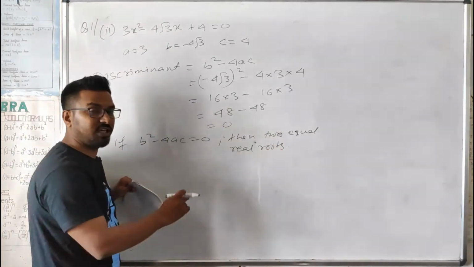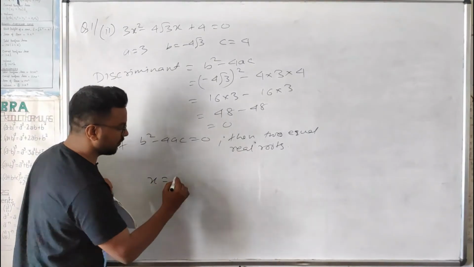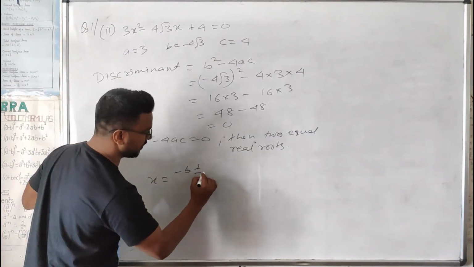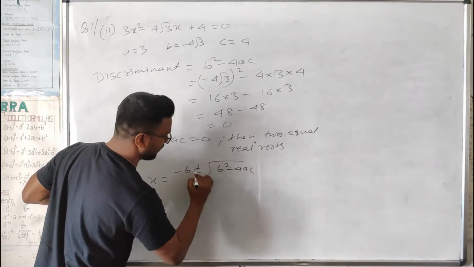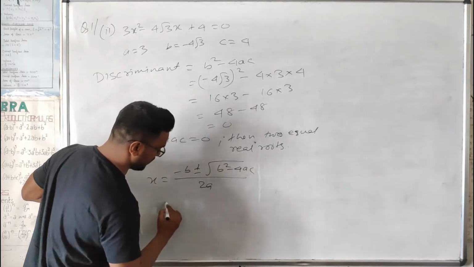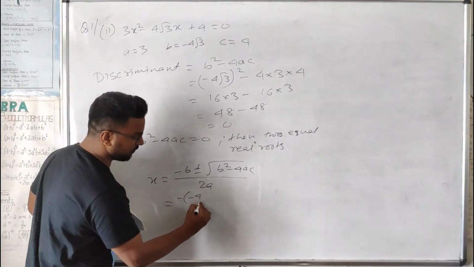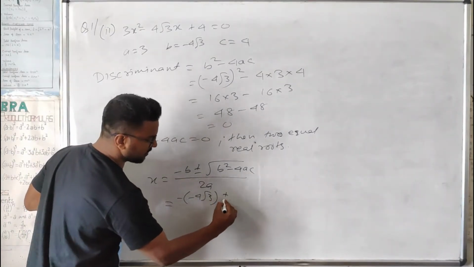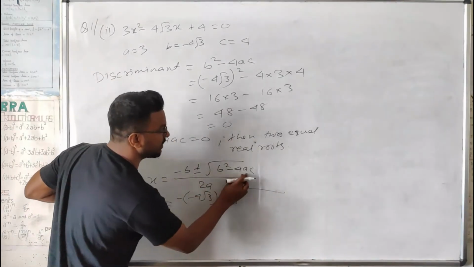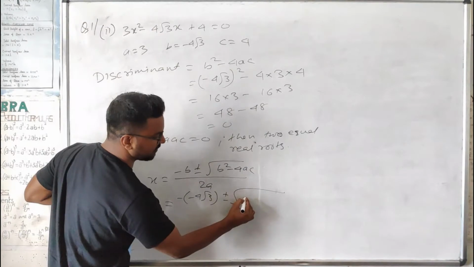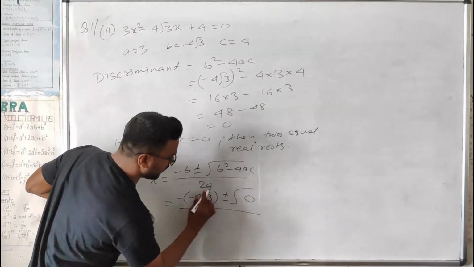In this case we have to find both the roots. So we'll use the quadratic formula, that is minus b plus minus root b square minus 4ac by twice a. What is b? B is minus 4 root 3 plus minus, we already found b square minus 4ac, and how much is that? 0. Divided by twice a.